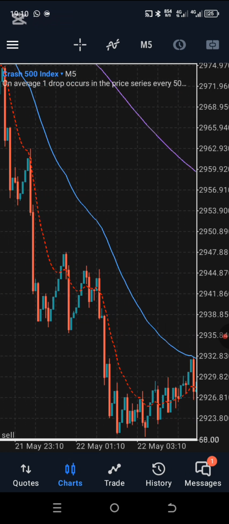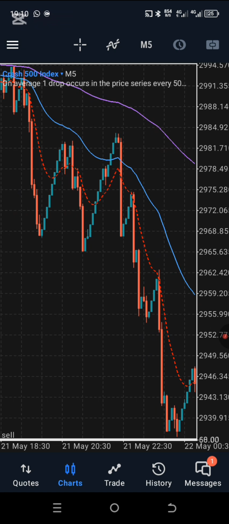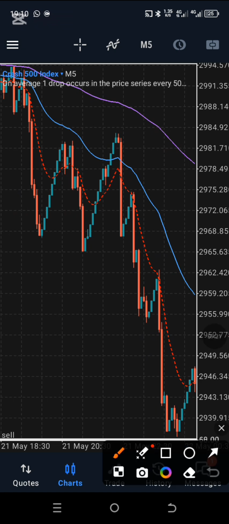Another way of making money with this is now high risk. Let's say I want to enter a dollar lot on Crash 500. I want to catch a spike. So right over here, I can enter maybe 30 cents as soon as the candlestick touches the 50 moving average.